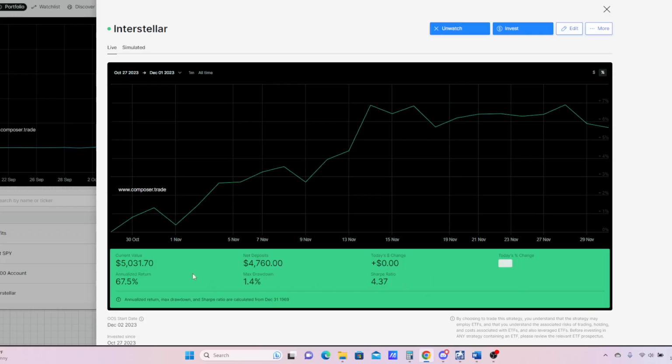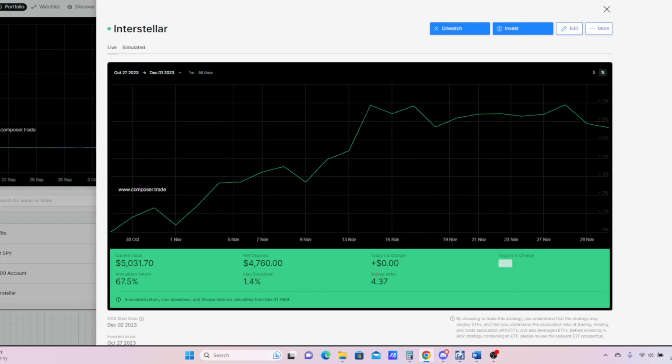Okay, so anyway, I want to be able to see the Sharpe ratio, the max drawdown for my live account, stuff like that. Obviously, if you're not using a master, you could calculate all that stuff. I want to just click on it and see it and be done with it. Since I started on October 27th, my max drawdown so far has been 1.4%, which I believe is somewhere right here.